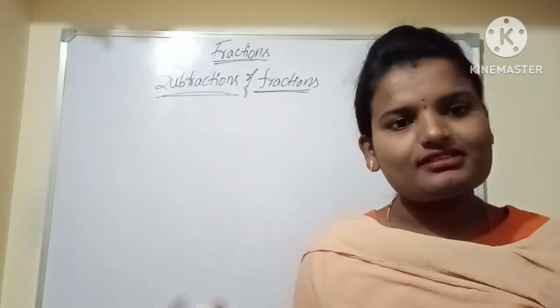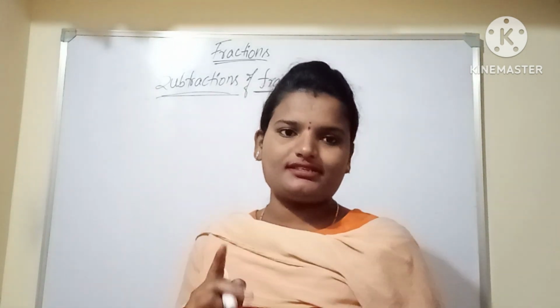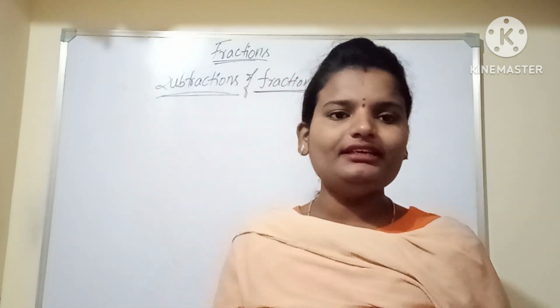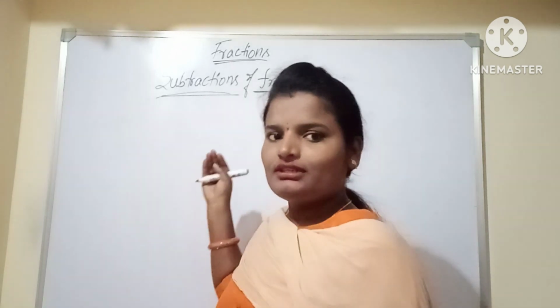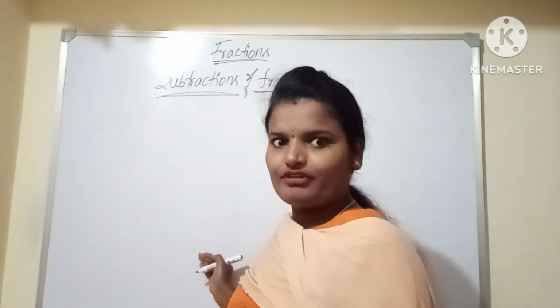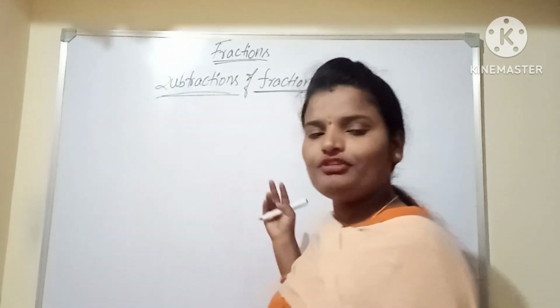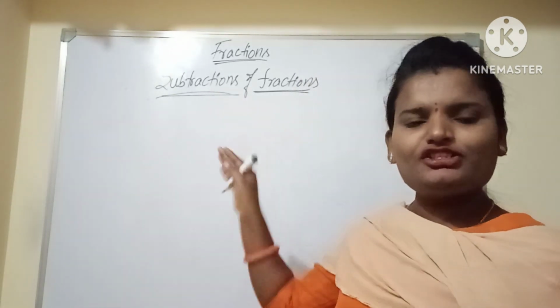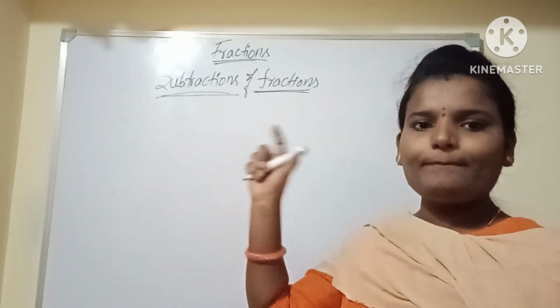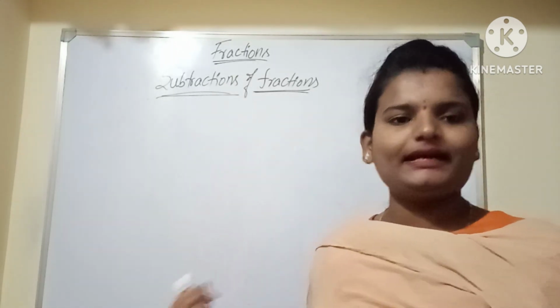If the fractions are like, we follow one type of procedure. If they are unlike, then as we did for addition, the same applies here. Instead of the plus symbol, we take minus, because here we are doing subtraction.